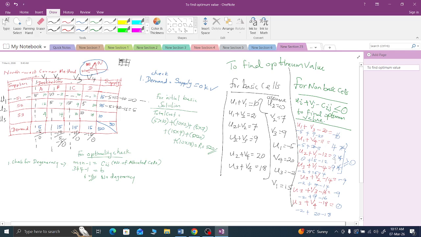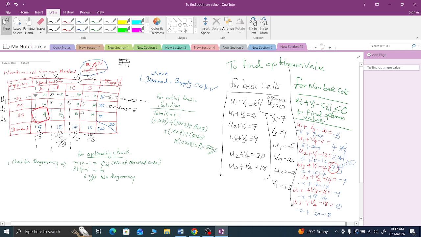This is the maximum, 9. It is the u3v1 cell. This is our u3v1 cell.